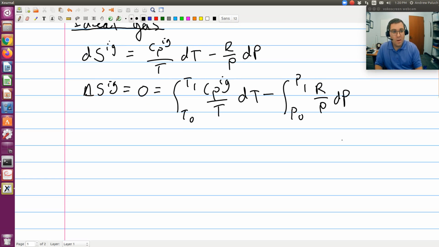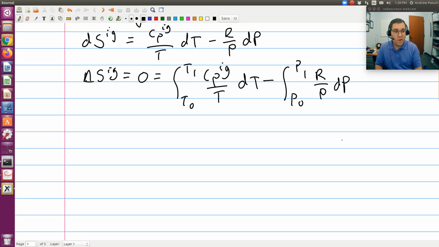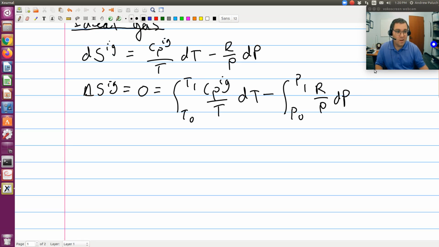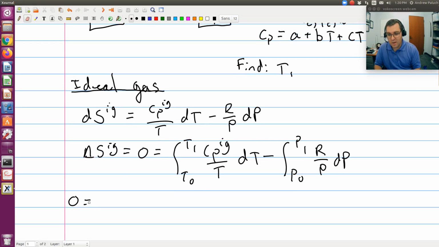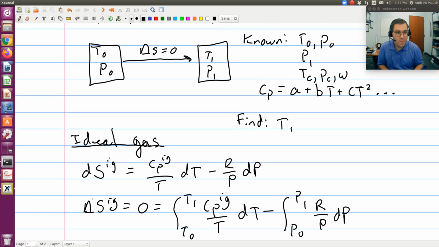Let's do it the correct way, and then let's take an aside to get an expression that you may be pulling from the text. Just to simplify it, let's take it in steps. In the problem, you're given a polynomial expression for Cp.